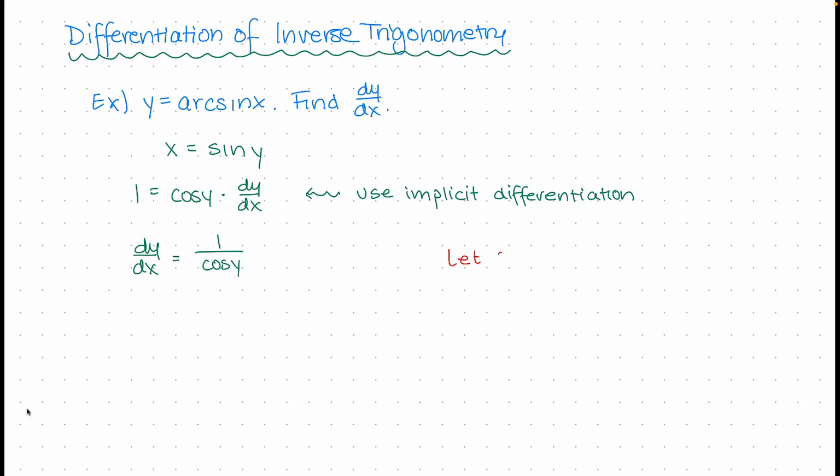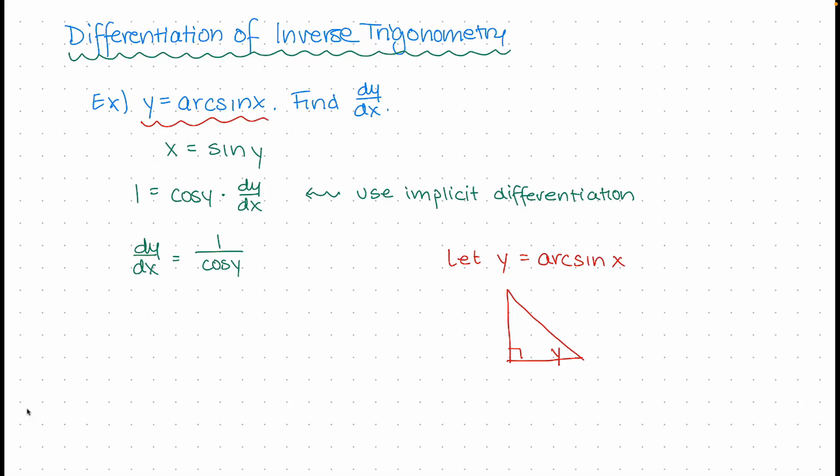If we let theta equal the angle whose sine is x, theta equals arcsine x, and then just draw a triangle. And actually, wait a minute, my bad. I don't want theta, I want y. I'm just using this line right here. So I'm going to draw a triangle, any old right triangle, and label one of the angles as y.